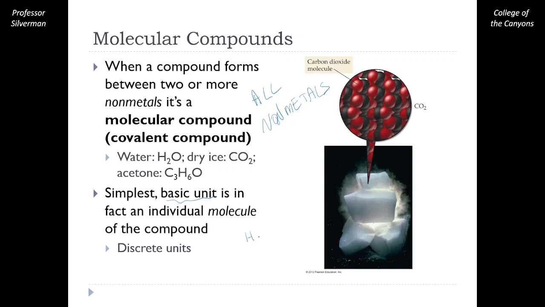If you're looking at something like water, H2O, you can find individual units of H2O out in that sample. This is not always the case, and we can look at the alternative right now.